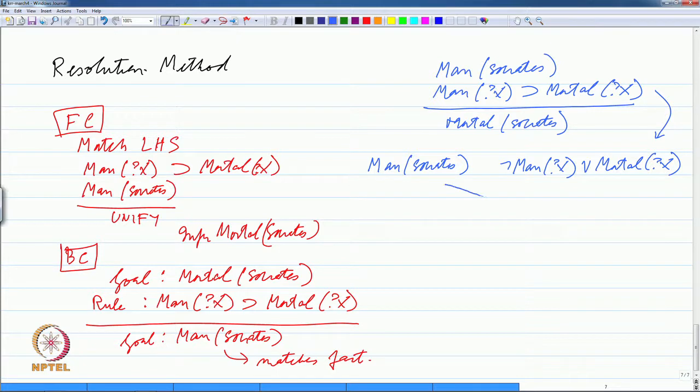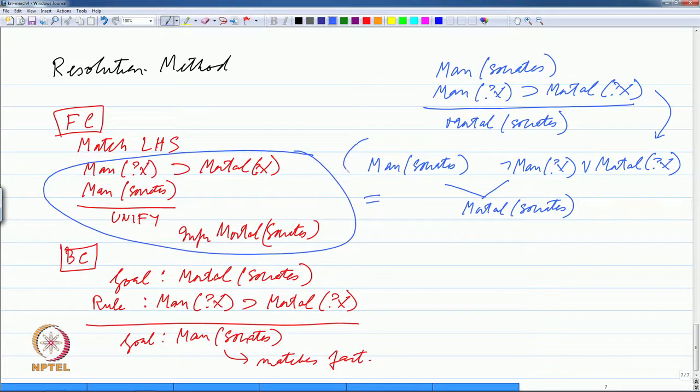You can resolve this and you will get mortal Socrates. So, forward chaining is just one particular way of doing resolution essentially. What I have applied on the right hand side in blue is the resolution rule, and I have come up with something which is equivalent to this.